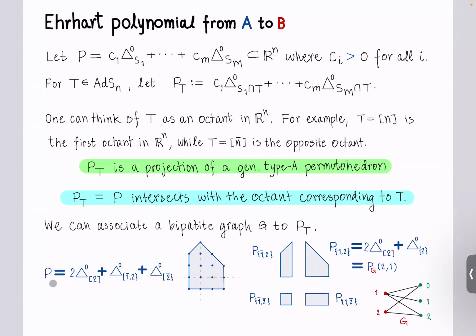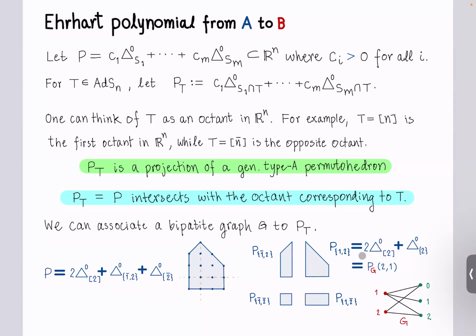Well, let's see an example. Here's my P, which looks like this. You saw it before in the previous slide. And if my T is equal to the set {1, 2}, then it gives me the intersection of P with the first octant, in this case the first quadrant. So I get this piece, and if my T is the opposite octant, then I get this Q here, and so on and so forth.